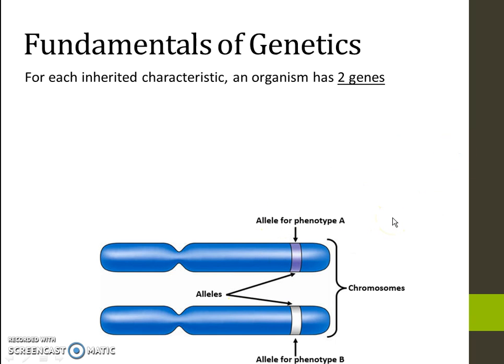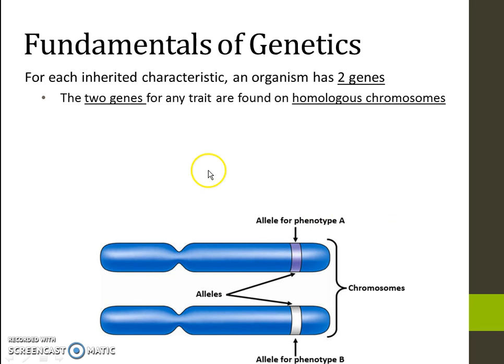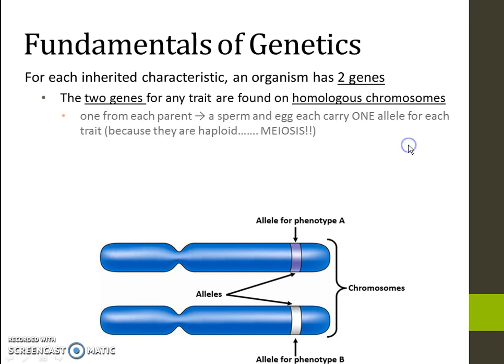You have two genes because you have two of those chromosomes. So two genes for any trait, and again, these are found on homologous chromosomes, like I just explained. So these homologous chromosomes, you get one from each of your parents. So one chromosome 1 came from your mom, the other chromosome 1 came from your dad, and the same for all of them.